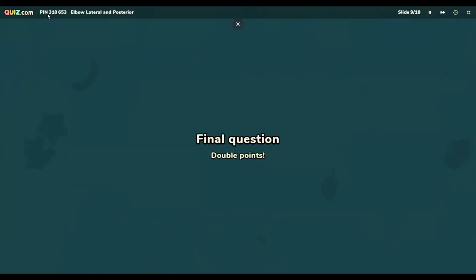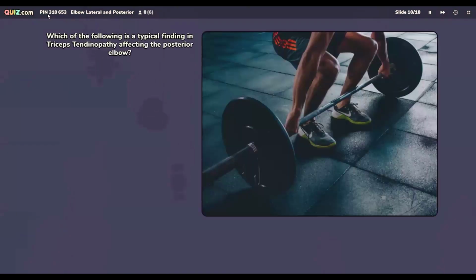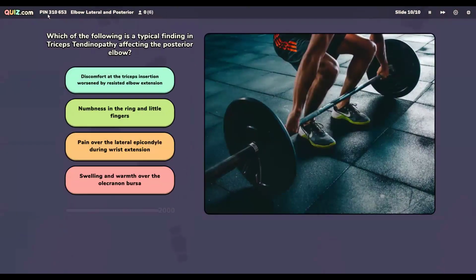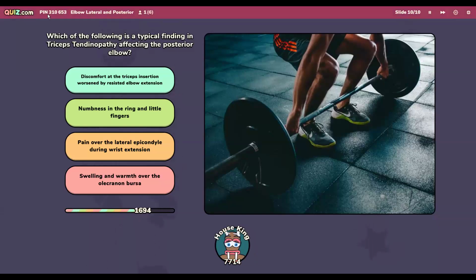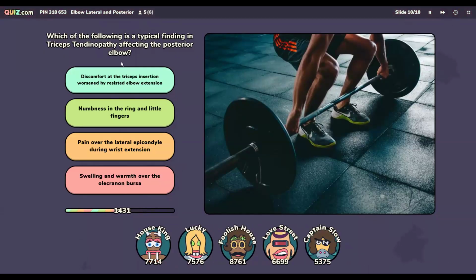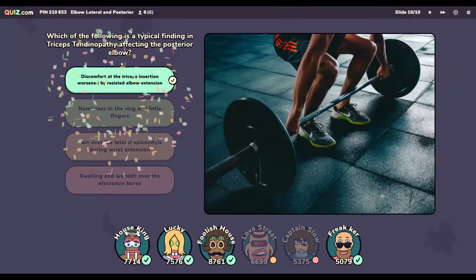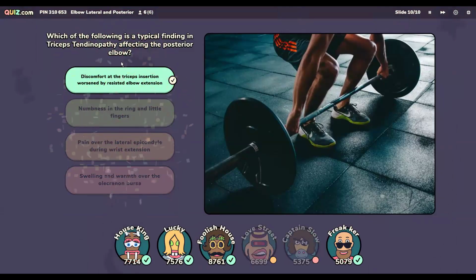Final question, double points. Which of the following is a typical finding in triceps tendinopathy affecting the posterior elbow? Discomfort at the triceps insertion worsened by resisted elbow extension.